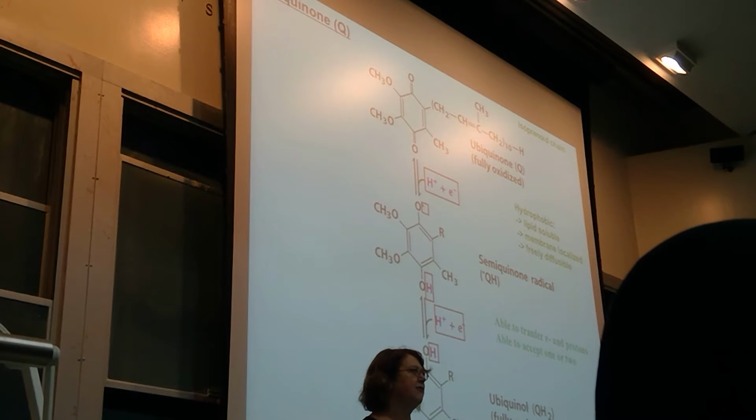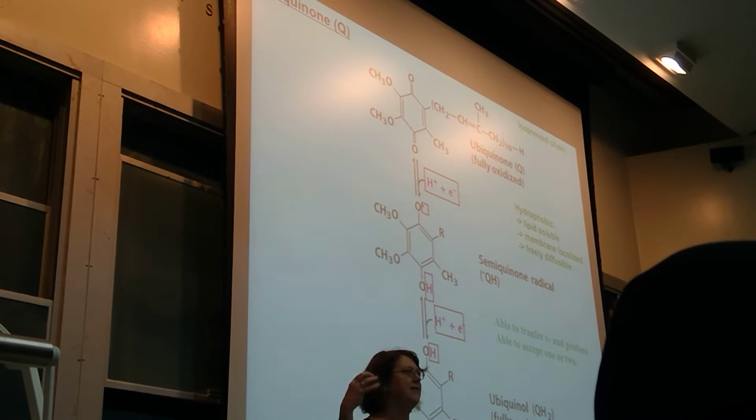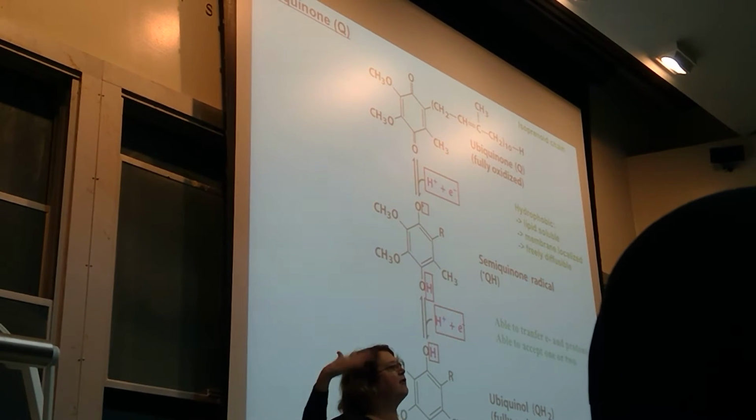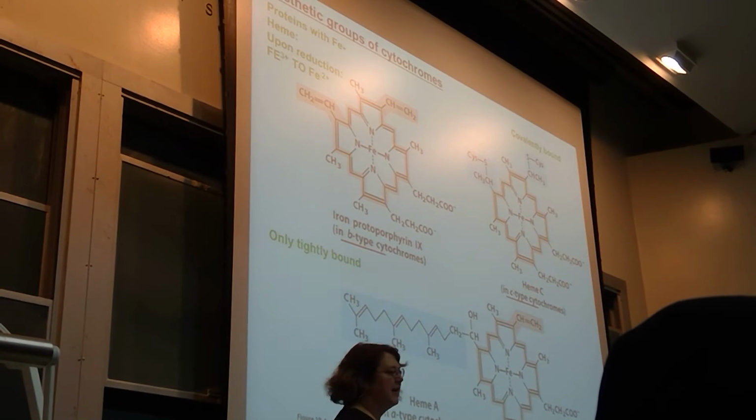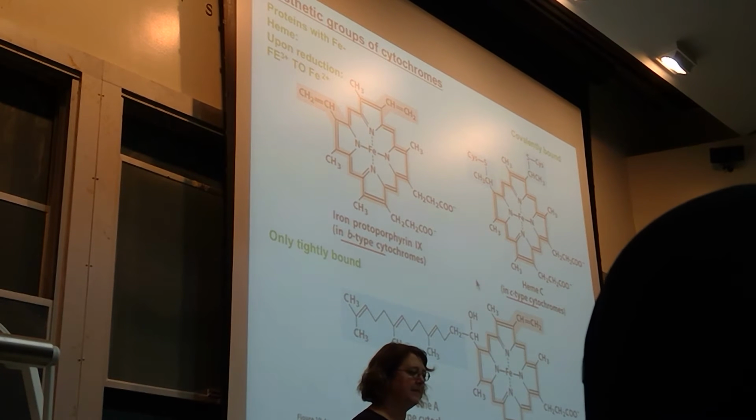Now, we also talked very generally when I showed you that ABCD and the reduction potentials, we mentioned cytochromes. Cytochromes come in a lot of different forms.